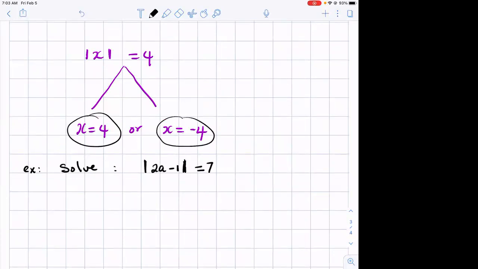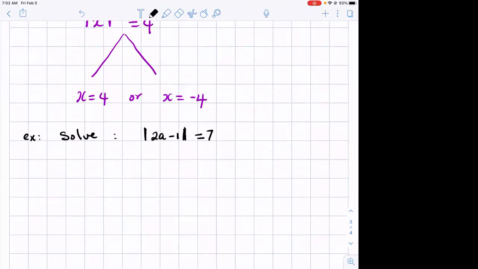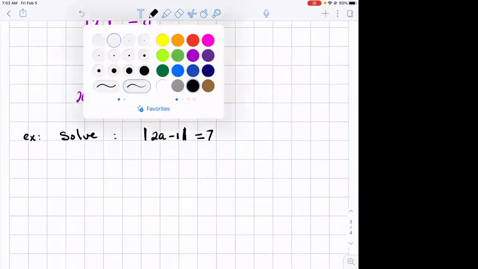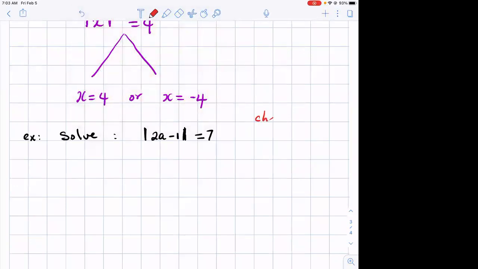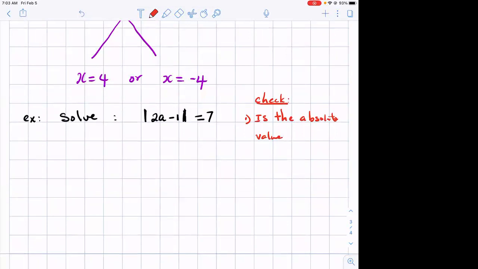But before you make that split, there's a couple of things you have to know. First, you should check: is the absolute value by itself?